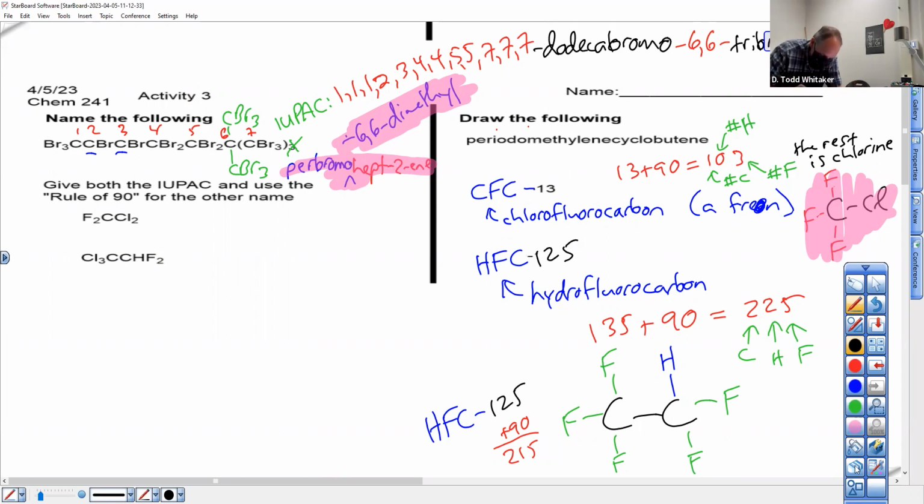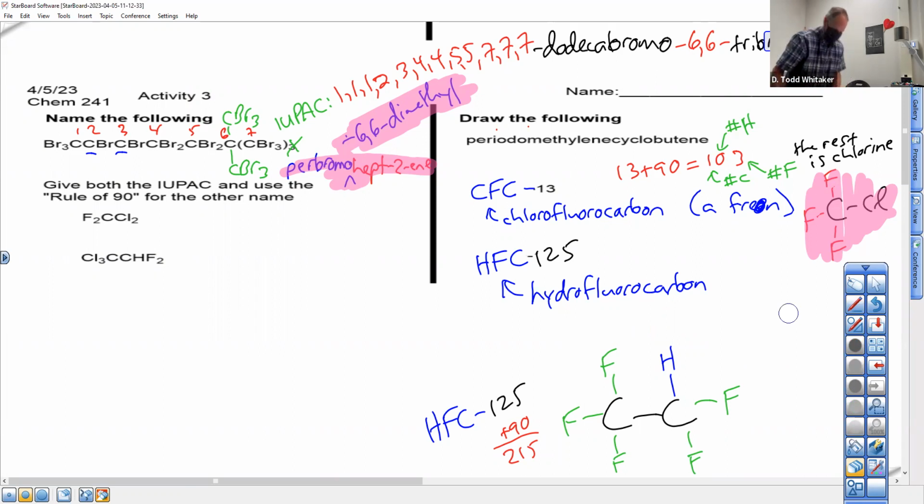So just get rid of this math, and let's see if we can go backward. Just write down C's. C's looks like they go in the order of C's, H's, and F's, right? And the rest being chlorine. How many C's you got here?